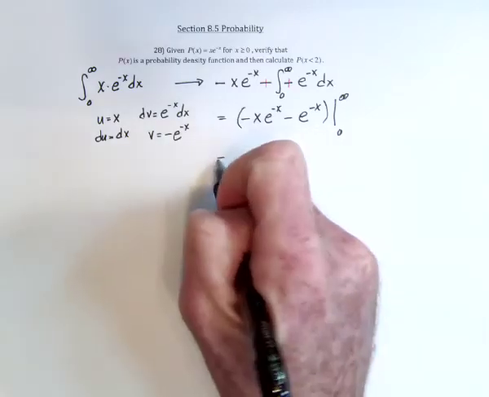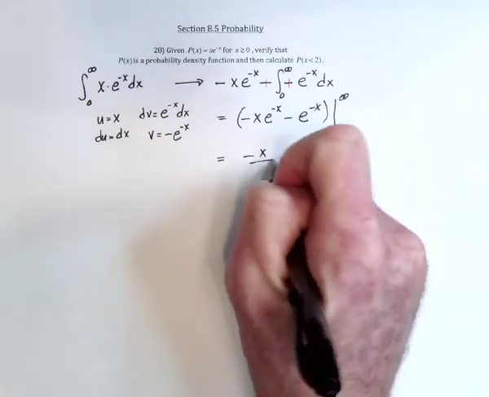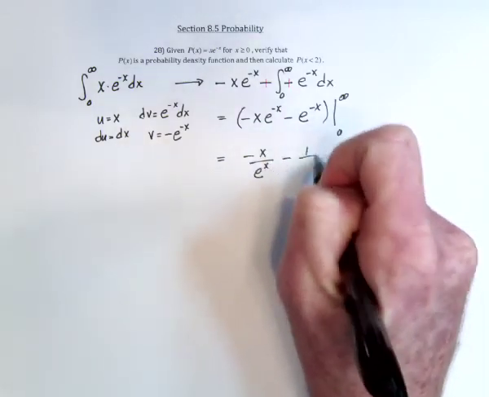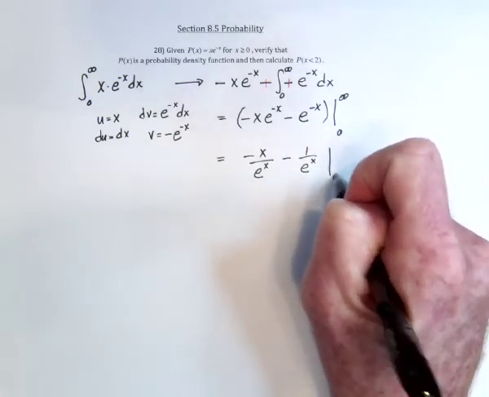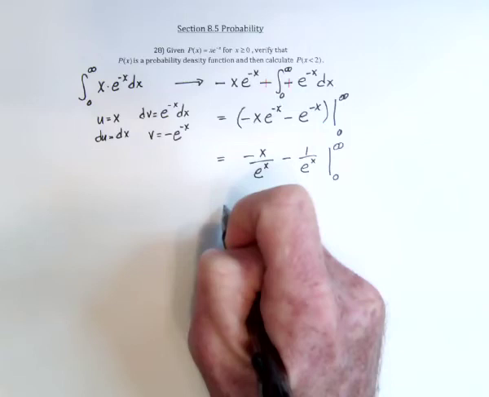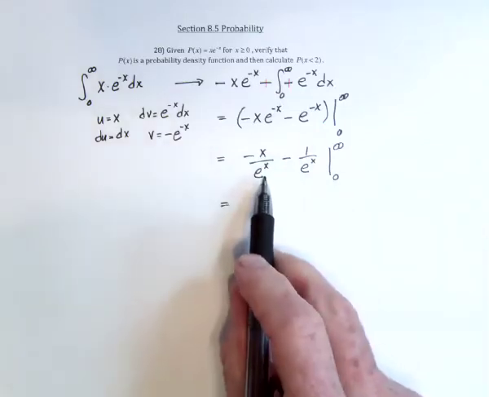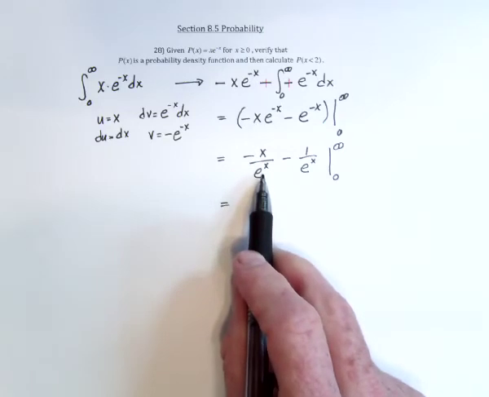Well, notice that negative exponent actually means that you've got fractions. When this one has x going to infinity, you basically have infinity over infinity, which means you could use L'Hopital's rule.